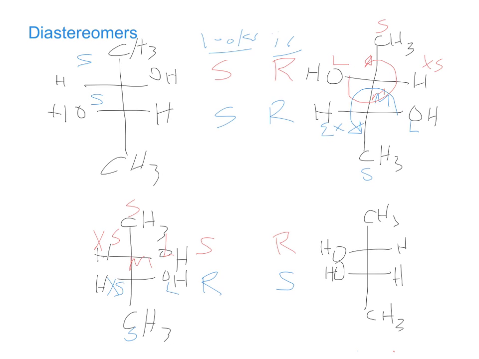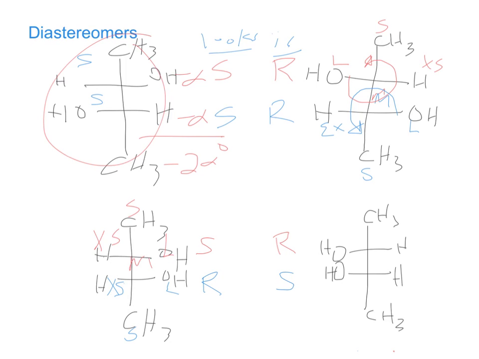Negative alpha. And so if we now just figure up the math here, this would be negative alpha degrees and negative alpha degrees for the one that's on the left, sorry, because that one's SS. So when we add that up, this compound right here rotates light negative 2 alpha degrees. So if alpha was 15, it would be negative 30. The one here on the right, it's really RR.